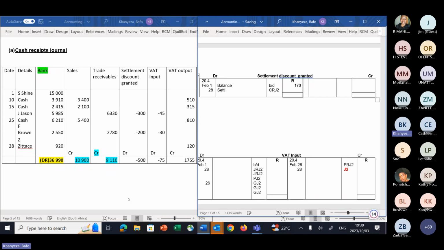So this is going to be bank for the settlement discount granted, and trade receivables control, because it affected the contra account, it affected the debtors.